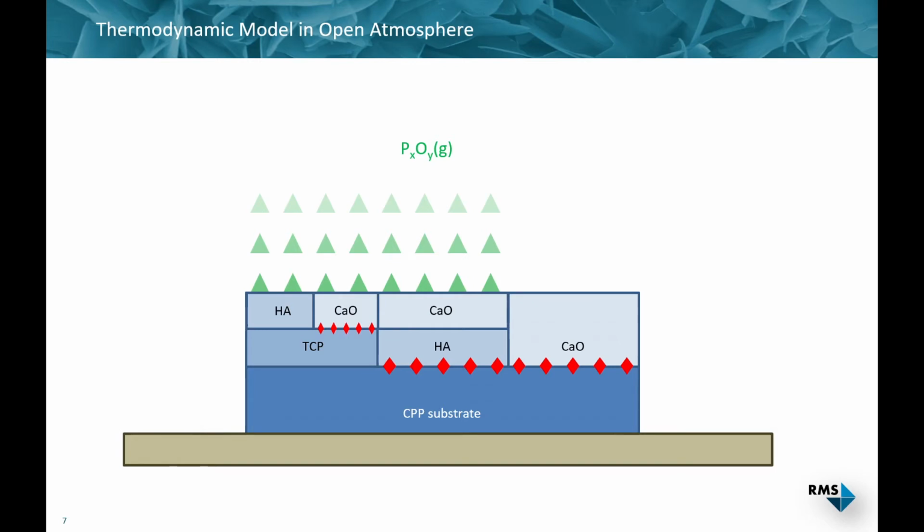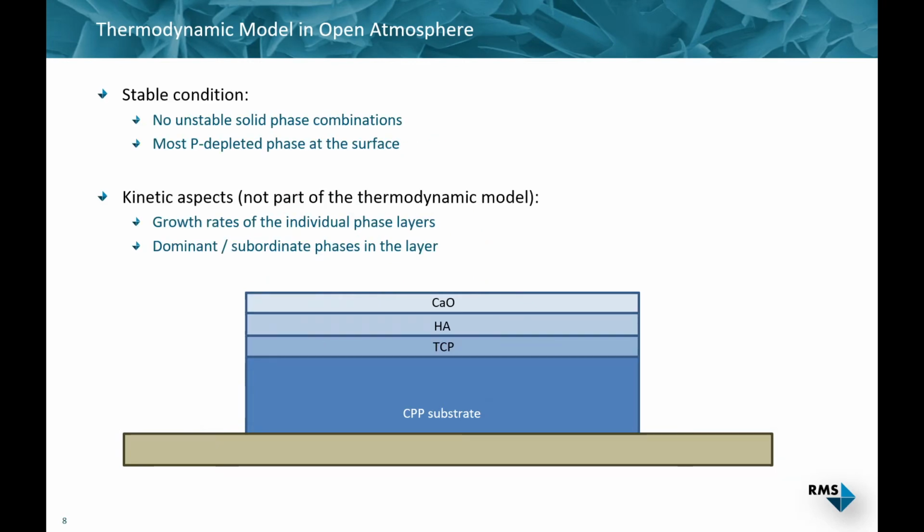And if we follow this cascade of reactions involving the evaporation of phosphorus and the solid-state reactions of unstable phase combinations to the end, we reach a stable condition once a surface layer has been established with a gradient from the substrate towards the surface of increasingly calcium-rich or phosphate-depleted phases.